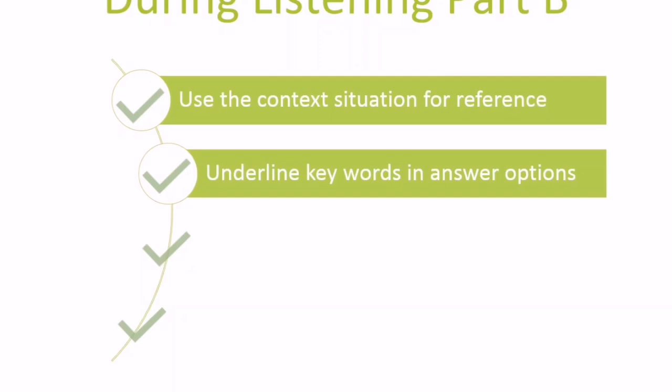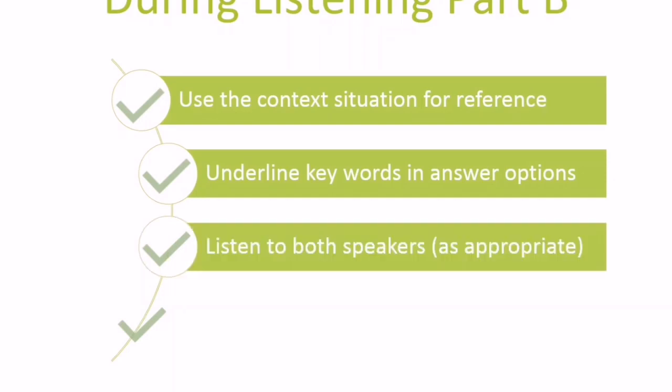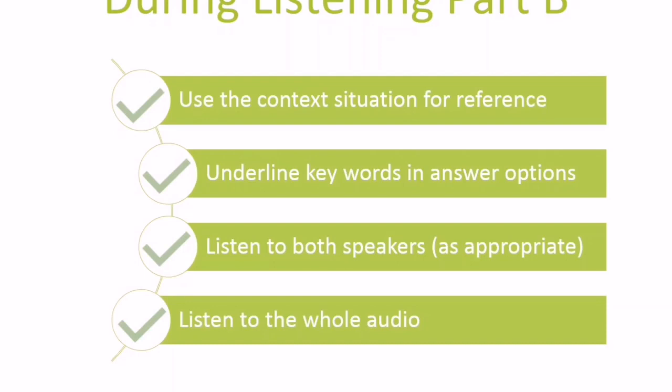Read the answer options carefully and underline key words which are going to help you identify the correct answer. If the extract includes 2 speakers, make sure you listen to what they both say, as you may need to understand a combination of their responses to choose the correct option. Listen to the whole audio. Try to check all of the options by listening for information that proves each one is correct or incorrect.